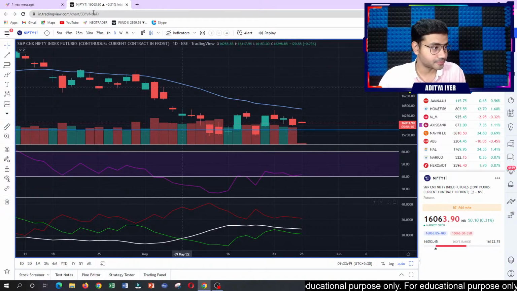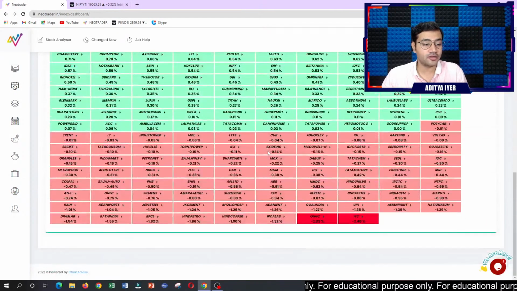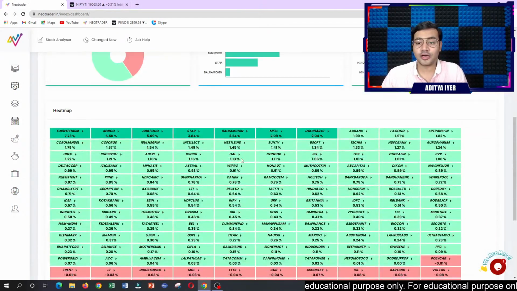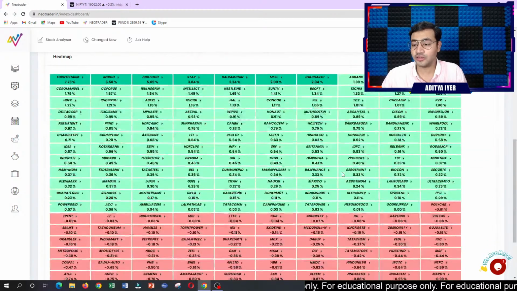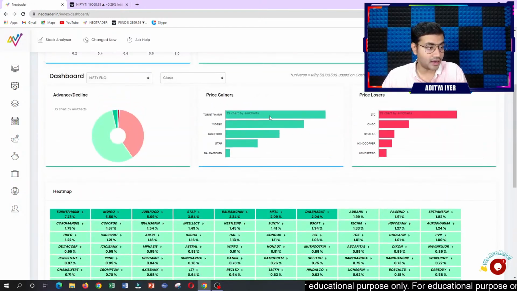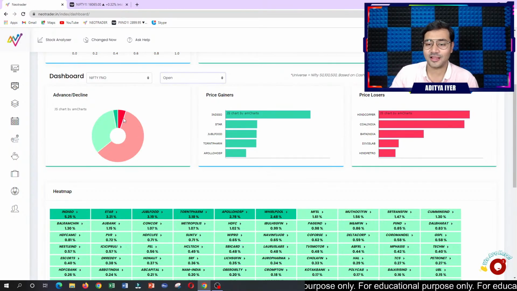All right, let us go to the dashboard and see what is happening here. If I go to the dashboard, I can see that in the broader Nifty FNO universe, there seems to be slightly more bullishness. And if I change this to open, the entire scenario is changing.